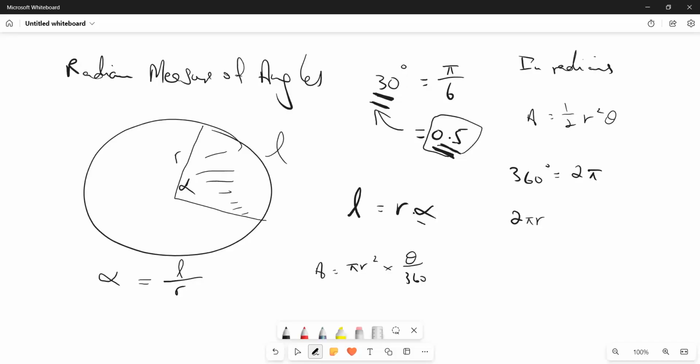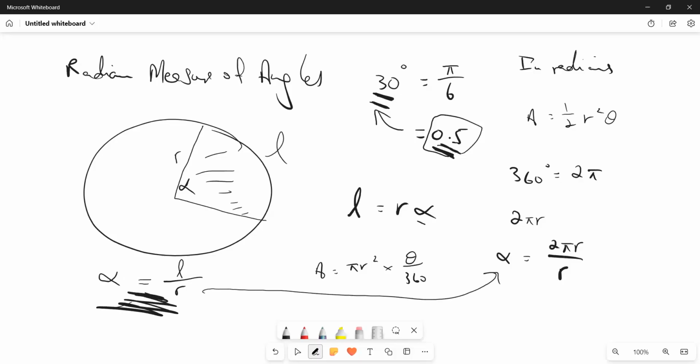So the understanding there is that the angle in a circle, if you were to use radians now, alpha is equal to 2 pi r, which is the whole thing, divided by r. I'm borrowing this formula.